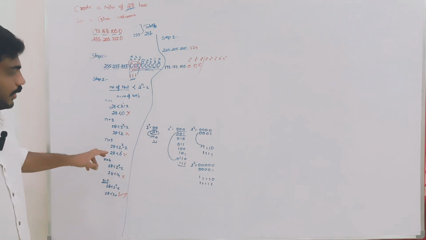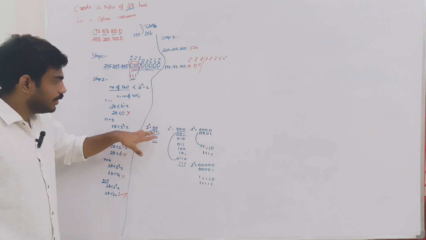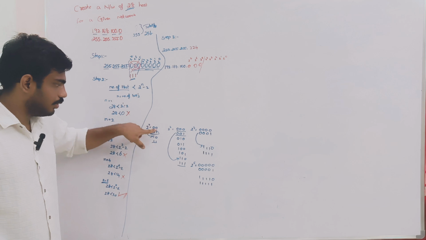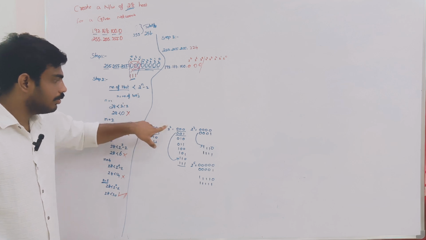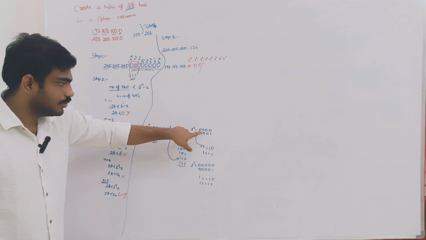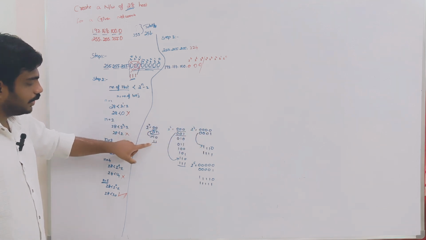Before you get this understanding: if you write something power of 2, 2 power 2 means everything will start with zeros. If you take 2 bits, all 2 bits will be 0. If you take 3 bits, all 3 bits will be 0. If you take 4 bits, all 4 bits will be 0. And it all ends with ones: if you take 2 bits, it ends with both bits 1.